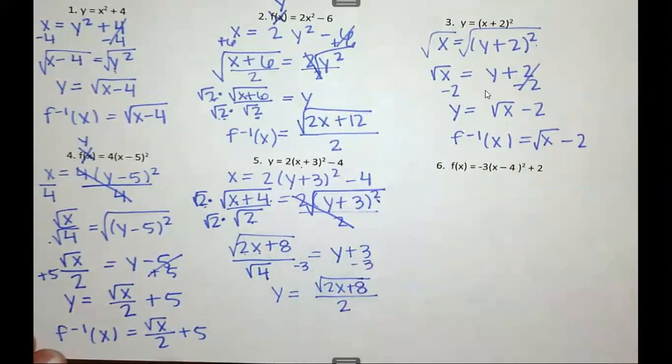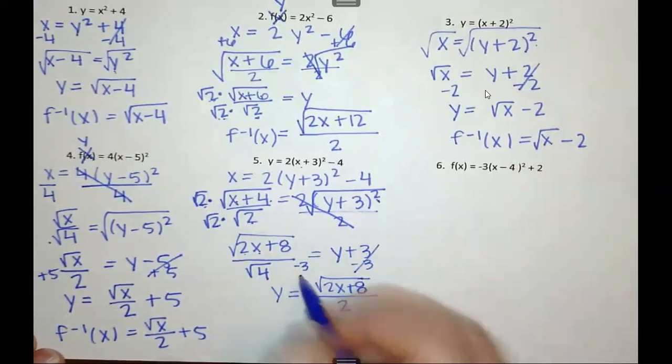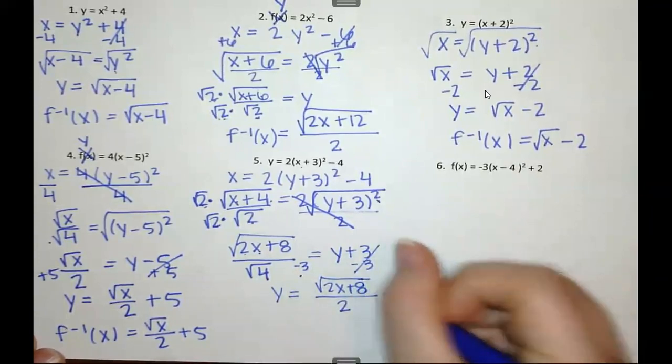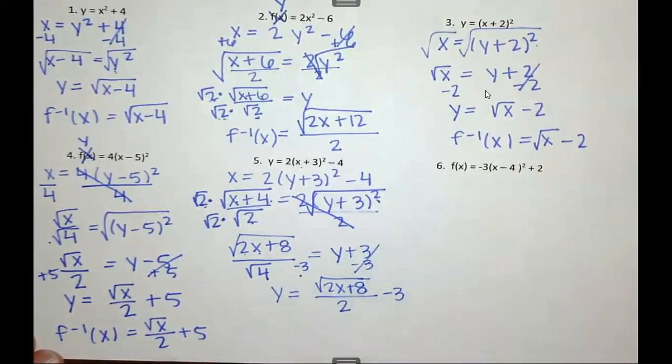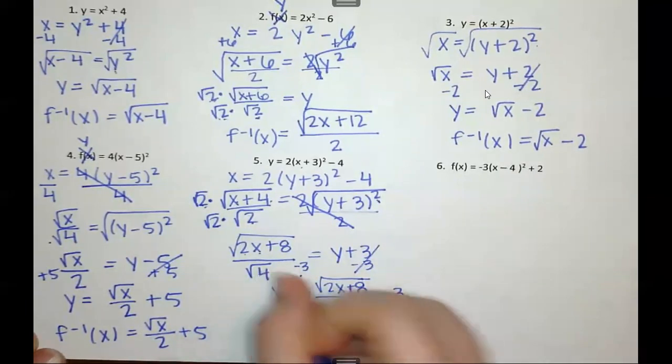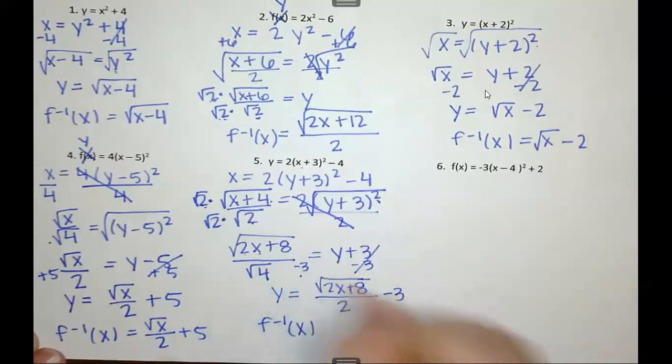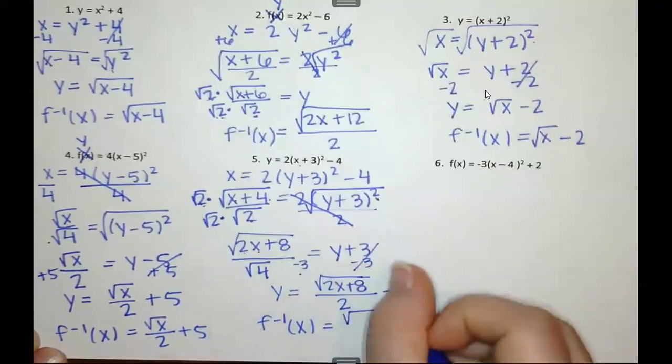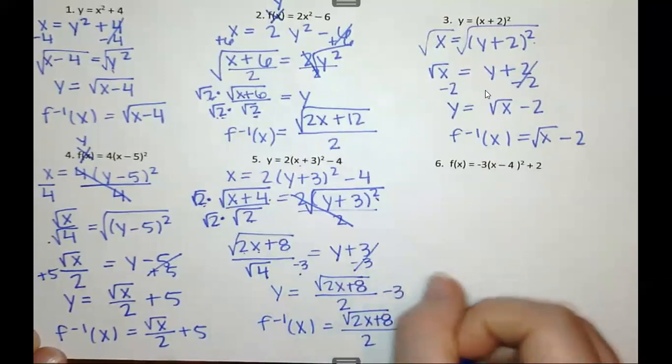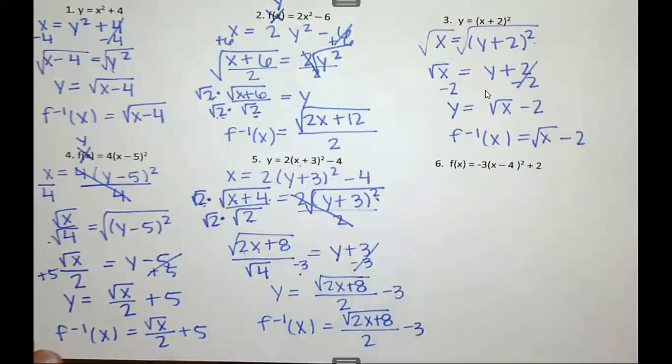So we've gotten rid of our square root in the bottom. And then I still have this minus 3 out here on the end. And my last step is to change out the y for the inverse. And there's my final answer.